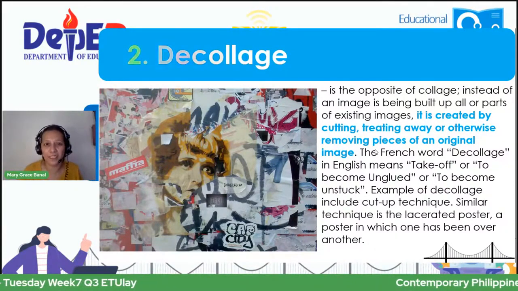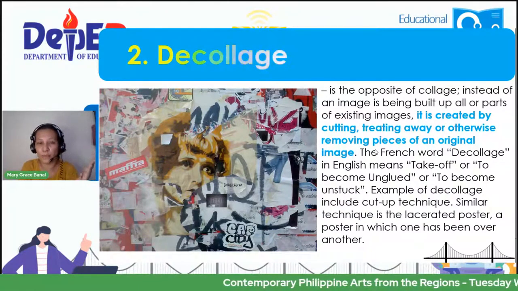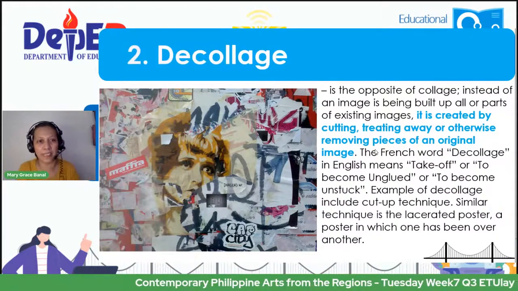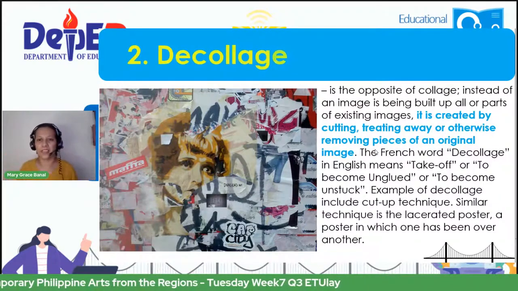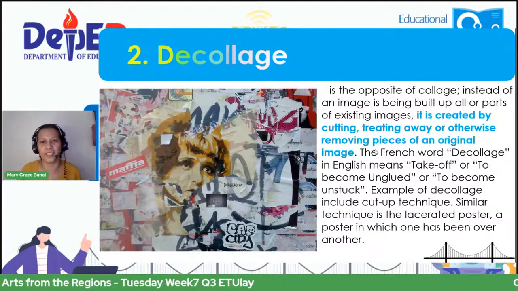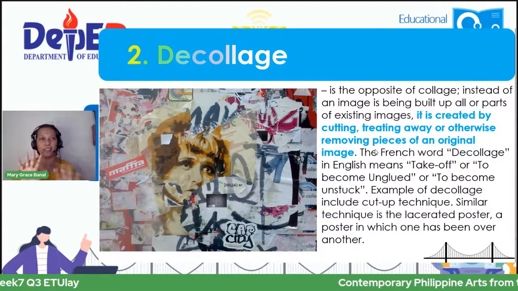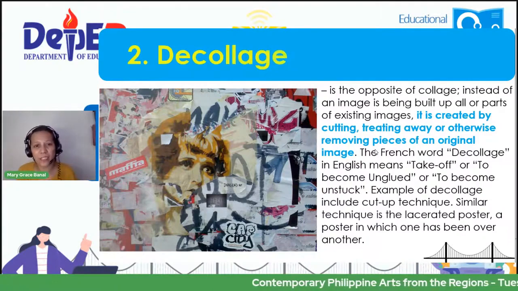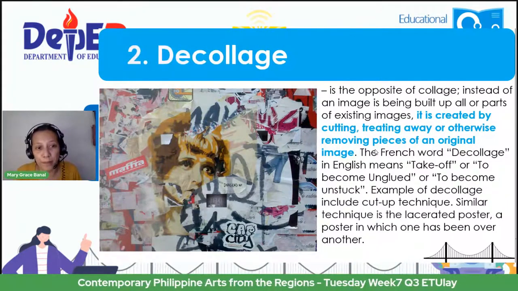So it is the exact opposite of collage. Collage, you just glue them together to form an entirely new image. Pag decollage naman, patong-patong, tapos rip some part, tear off some part, then you produce your decollage. So kung galit ka pala, pwede mong gawin to, no? Magdikit-dikit ka na sa damakmak na poster. So nangyayari ito sa mga halimbawa, patong-patong na yung wallpaper mo sa bahay.